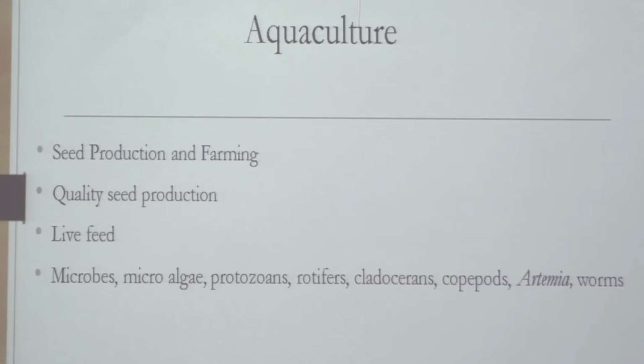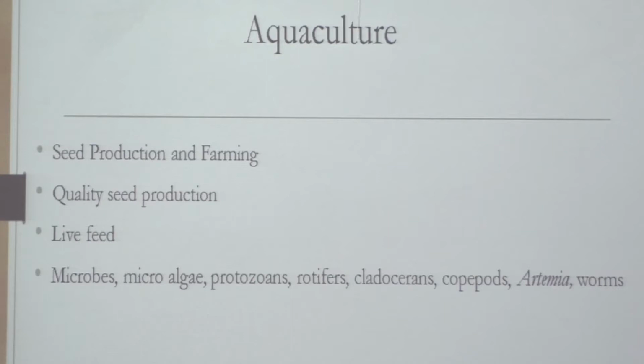And the second one is the young ones of the fish and prawn should be fed with the most suitable live feed. Only when we give good live feed, then they will grow and metamorphose normally, leading to the young ones or juveniles which can be stocked in the pond. So seed production is very important, and again I said that for quality seed production, live feed is very important.